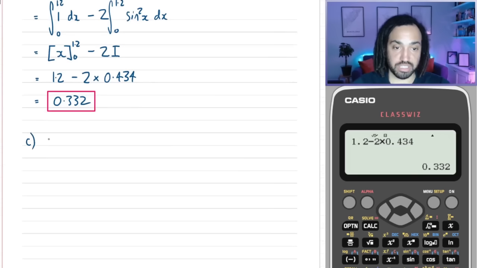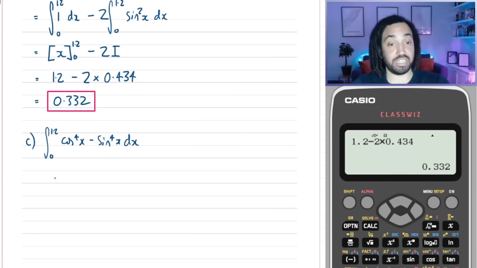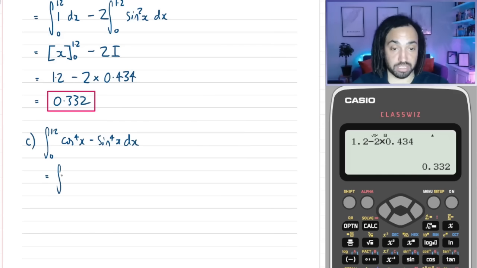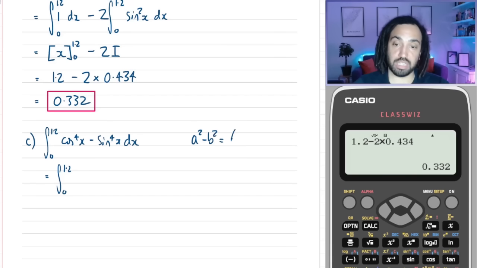So we're looking for the integral, same limits again, of cos to the 4x minus sine to the 4x. And initially, the first thing I'm thinking here is difference of 2 squares, because both of these are even powers, which means they're squares. So we can use the difference of 2 squares formula, a minus b, a plus b.